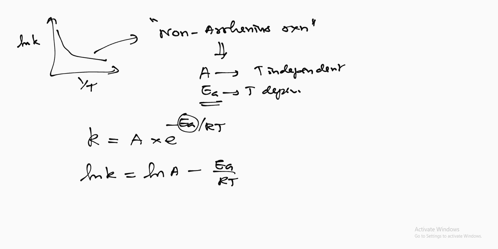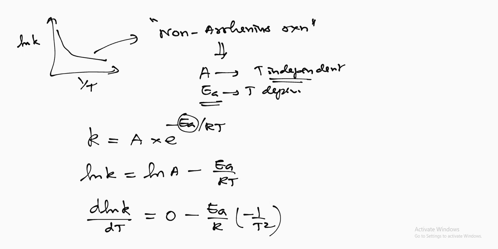Now differentiate this equation with respect to temperature. So d ln K by dT equal to, here I have assumed that A is temperature independent. Therefore, if I differentiate this with respect to temperature, you will get 0 minus EA by R, and we have 1 by T. If I differentiate with respect to temperature, 1 by T will give minus 1 by T square.